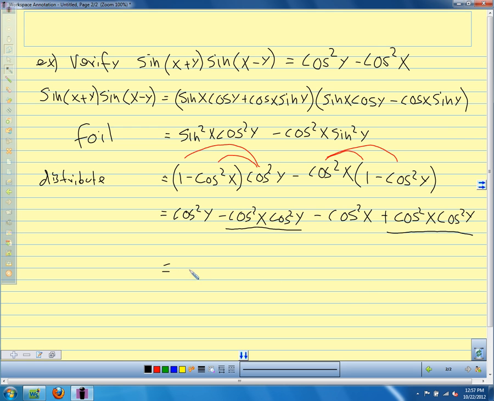So those add up to 0, and I get cosine squared y minus cosine squared x. And we verified that identity.